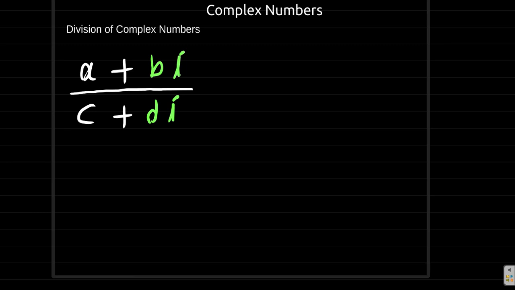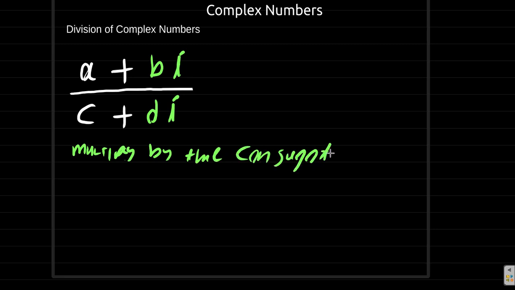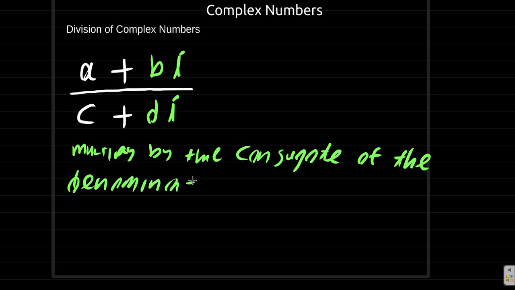Well, what you want to do is multiply by the conjugate of the denominator.